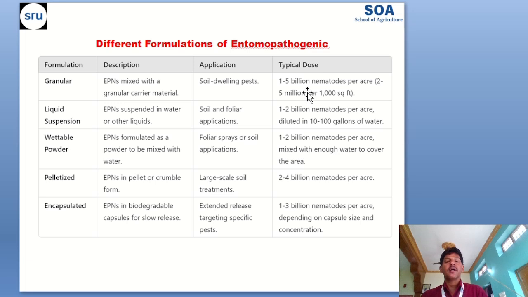See here the typical dose. It ranges from 1 to 5 billion nematodes per acre, and it will vary with nematode species and their age and stage.